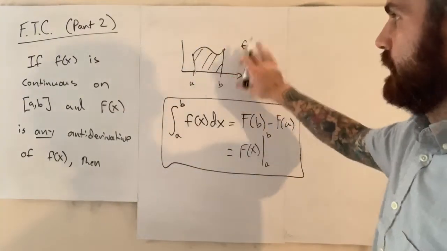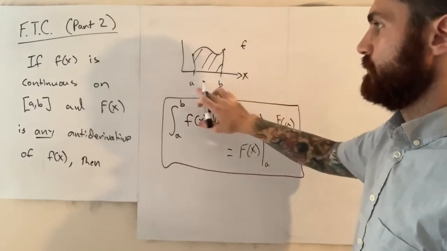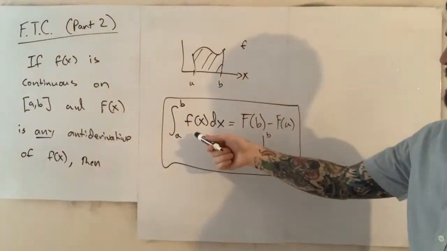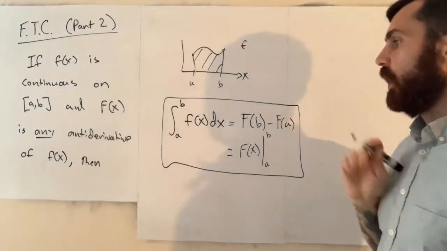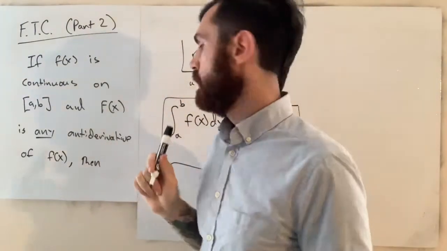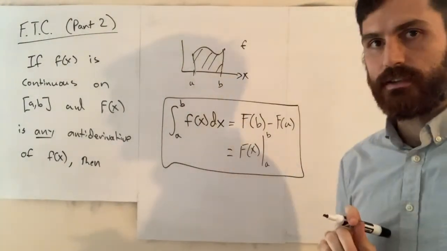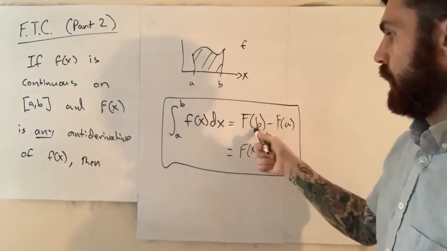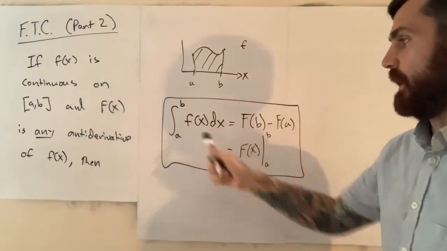But if we have a situation like this, where f is always above the x-axis, we can interpret the area under the curve as this integral. And if I want to compute that area, all I have to do is know an antiderivative of f and evaluate it at the limits, take their difference in this way, where b is always going to be the one you take first here, and then you subtract F of a.